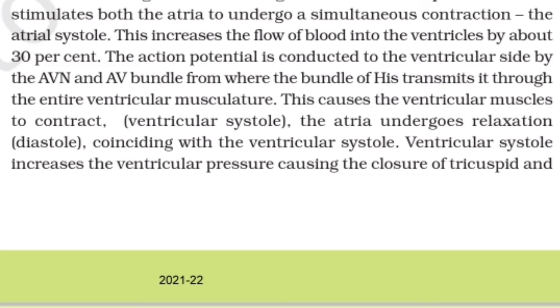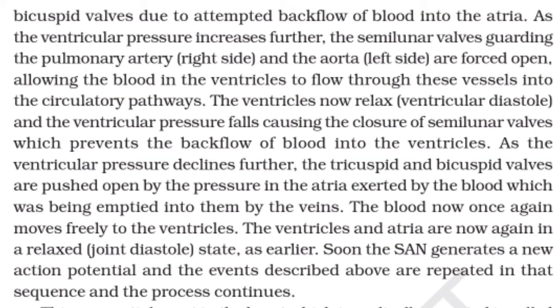Ventricular systole increases the ventricular pressure, causing the closure of the tricuspid and bicuspid valves due to attempted backflow of the blood into the atria. As the ventricular pressure increases further, the semilunar valves guarding the pulmonary artery (right side) and the aorta (left side) are forced open, allowing the blood in the ventricles to flow through these vessels into the circulatory pathways.